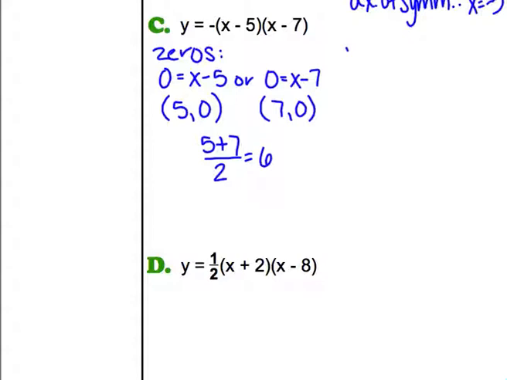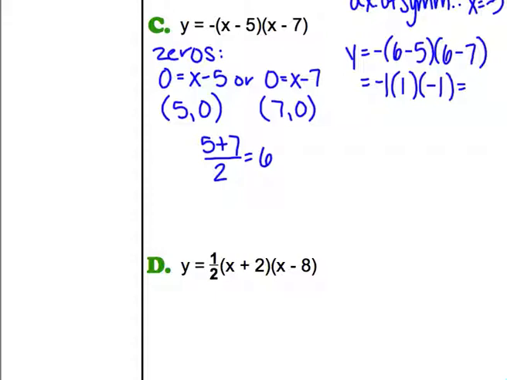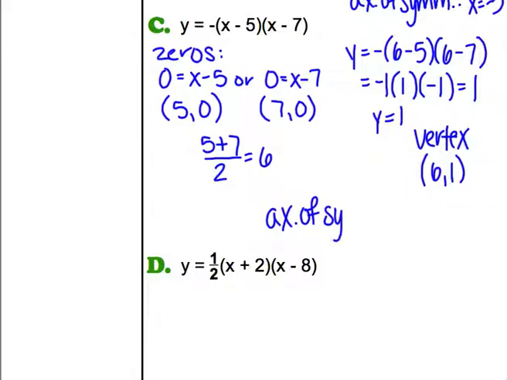Put that back in. y equals the negative of (6 minus 5) times (6 minus 7), which equals negative 1 times 1 times negative 1, which equals 1. So y equals 1, and my vertex is (6, 1). The axis of symmetry is x equals 6.